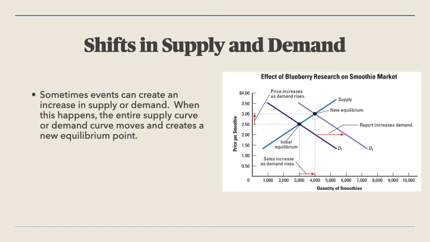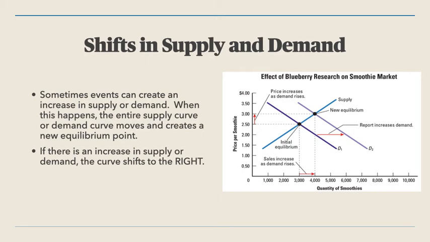So what has happened is there's an outside event that has changed, in this case, demand, right? There's all kinds of things that either can create an increase in demand or supply or a decrease in supply or demand. And so when that happens, the entire curve, the entire line is going to move and create a new equilibrium point. Okay?